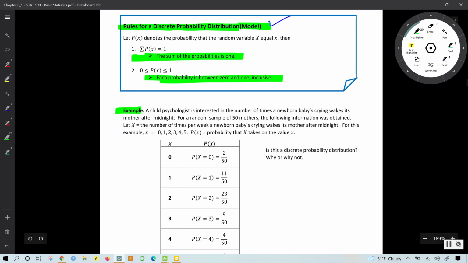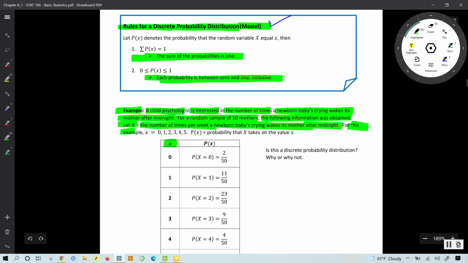In this example, we are told that a child psychologist is interested in the number of times a newborn baby's crying wakes its mother after midnight. For a random sample of 50 mothers, the following information was obtained. Let X denote the number of times per week a newborn baby's crying wakes its mother after midnight.